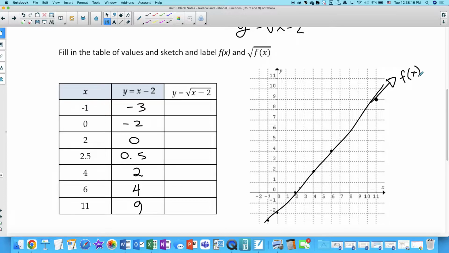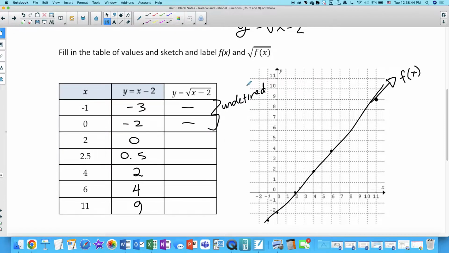But the point is that we have to actually consider the domain of the original function when we take the square root of it, because square roots are only defined for radicands that are greater than or equal to 0. Okay? So there's no point here, right? No point here. Or these, you could say they're undefined.